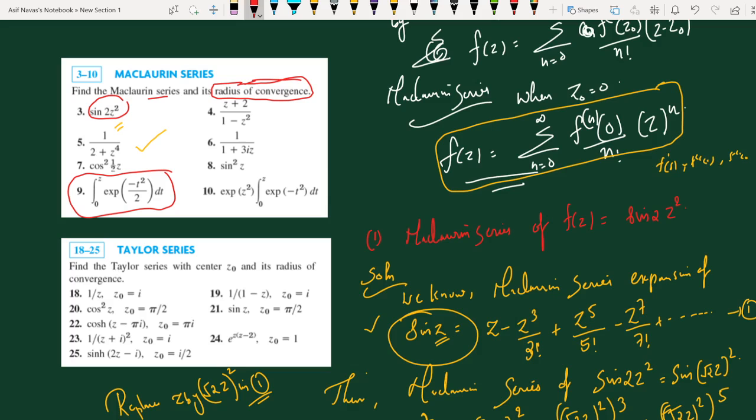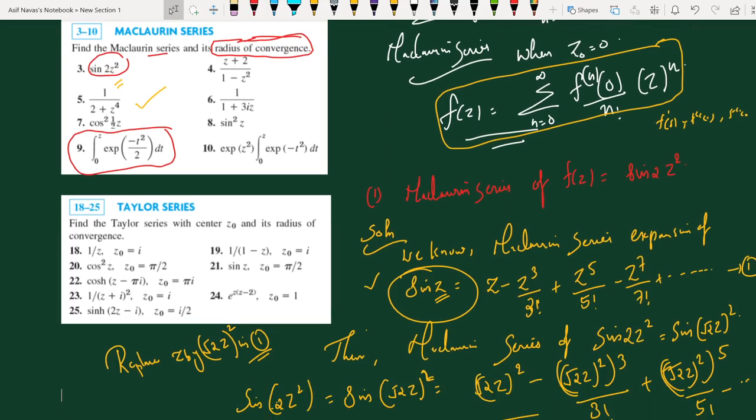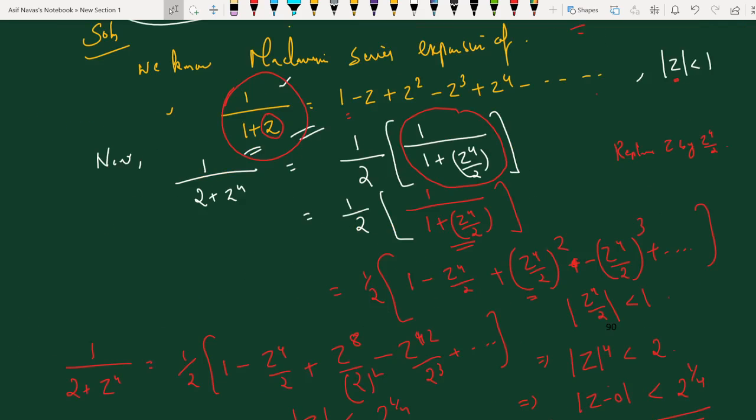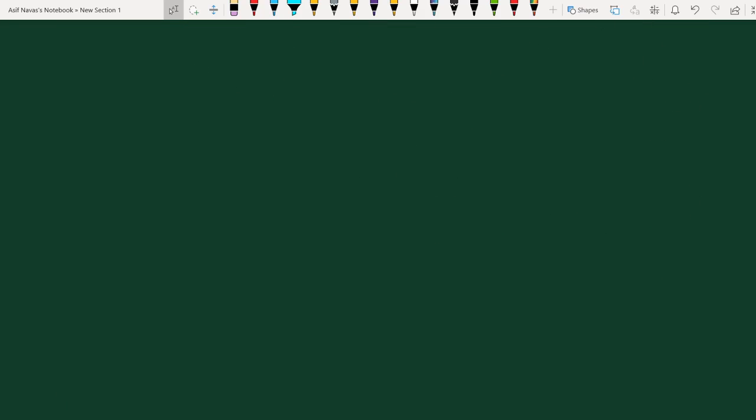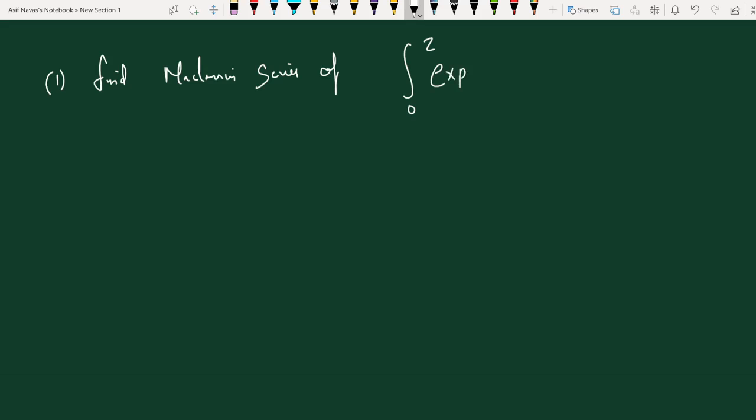So what we will do is find the Maclaurin series of the integral from 0 to z of e raised to minus t square dt.